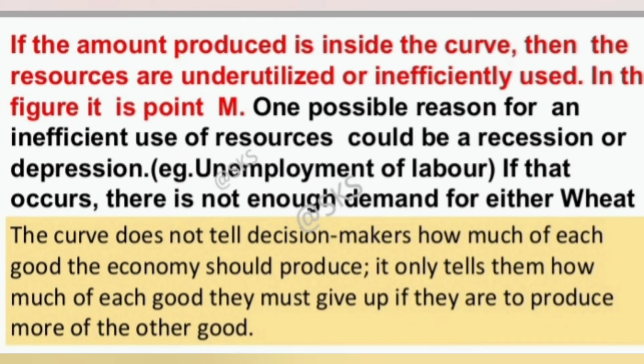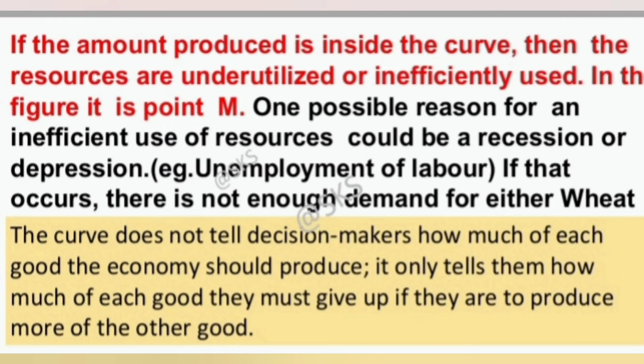Now we are going to see the shift of the PPC. We have seen 3 points regarding the PPC. One is efficient utilization of resources, that is on the PPC. Then inside the PPC, that is point M, which shows inefficient use of resources. The reason can be a recession or depression, for example, unemployment of labor.